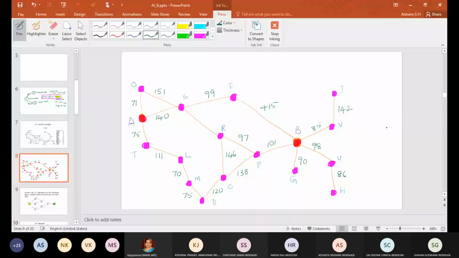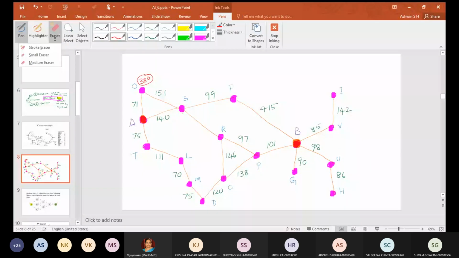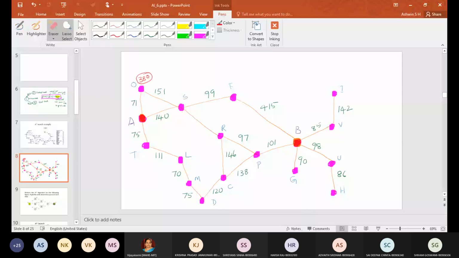And even the heuristic values, the function h of n, that is also given. That also I will write. That is the heuristic value, the straight line distance, if you calculate, that is calculated and given.